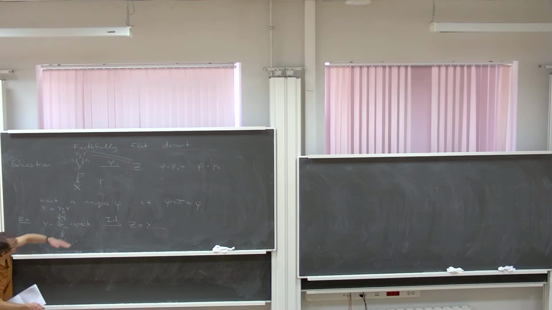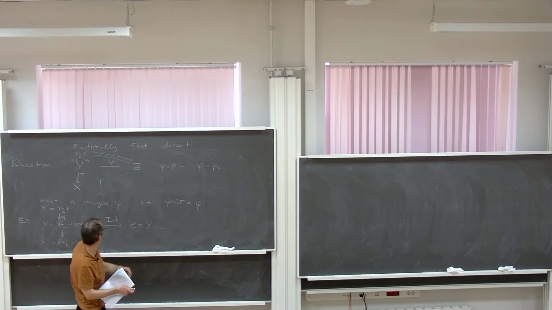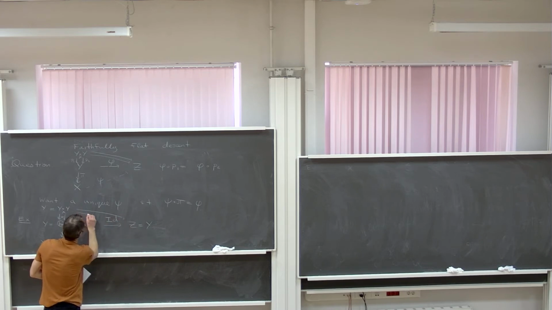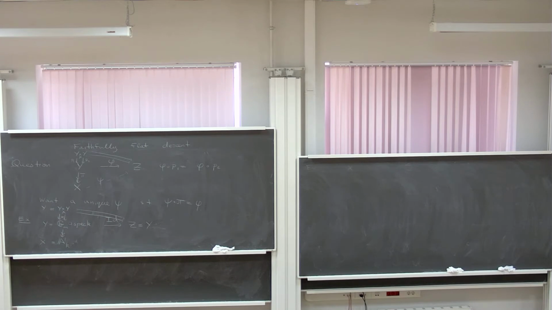So this condition is empty. So you get two maps which are equal, but clearly this psi does not exist. This kind of map exists set theoretically, but it's not continuous. Does not exist.